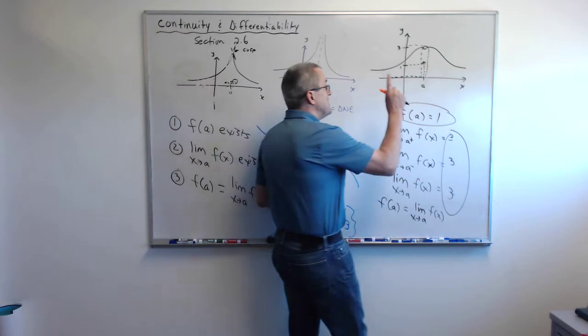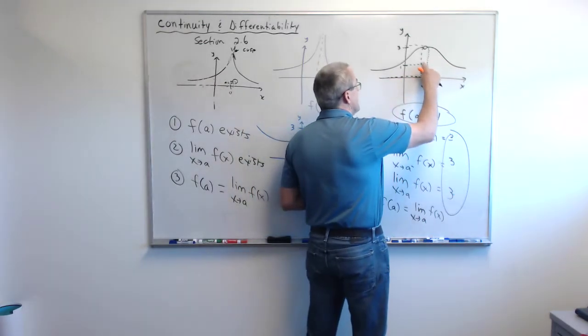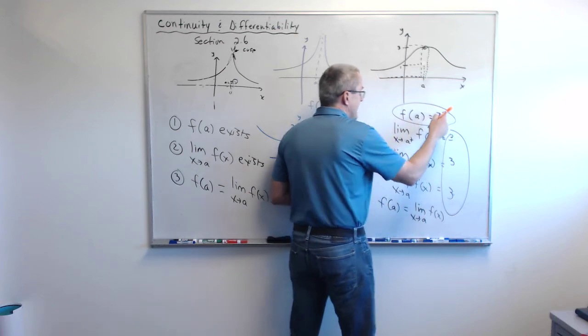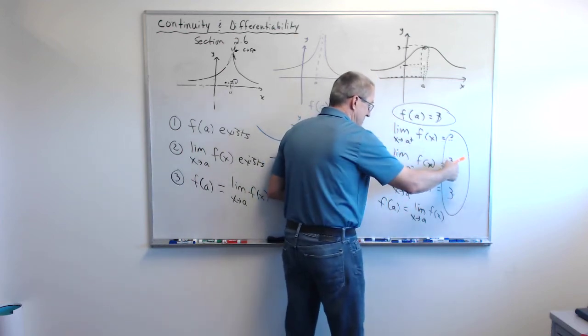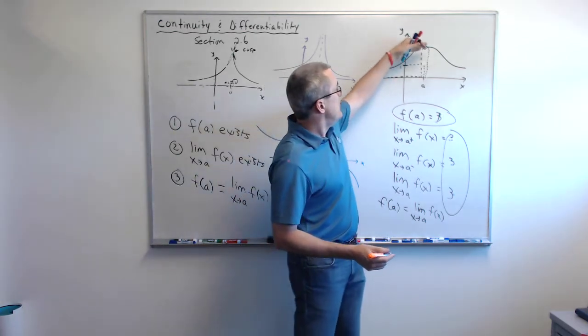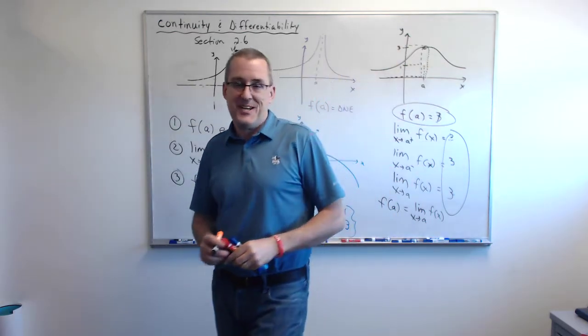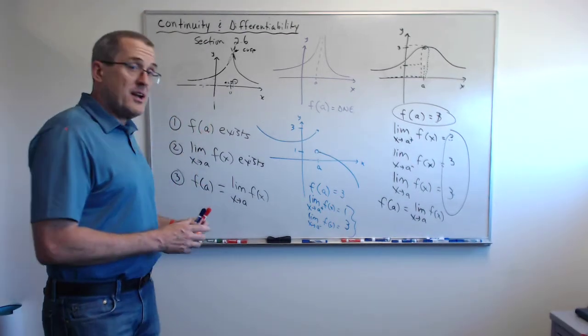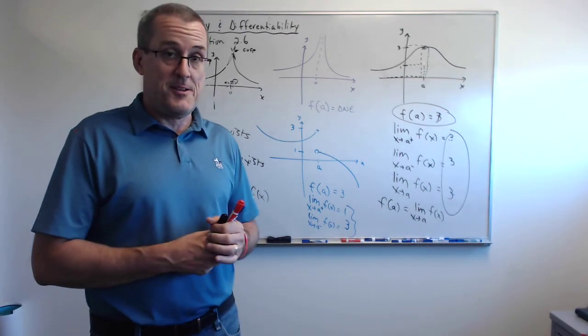So imagine this point went from here to here. Then this would be 3, this would be 3, everything would be 3, and we'd have that nice perfect continuity right through x equals a. So those are the 3 things we want to check when we're looking for continuity.